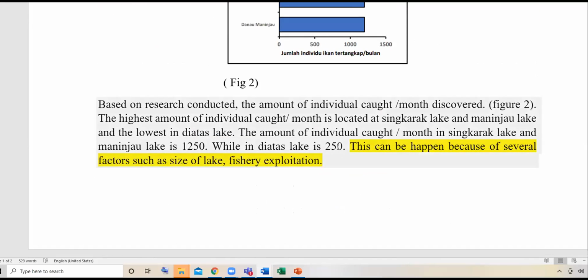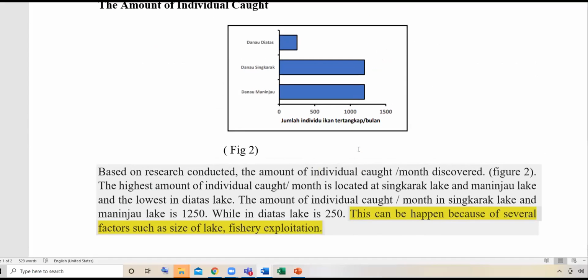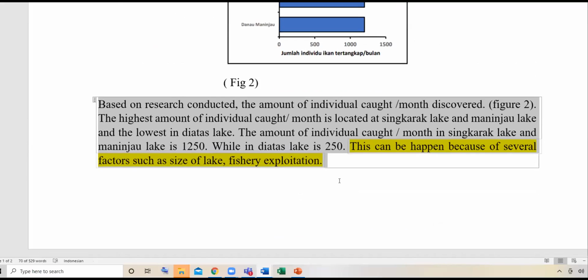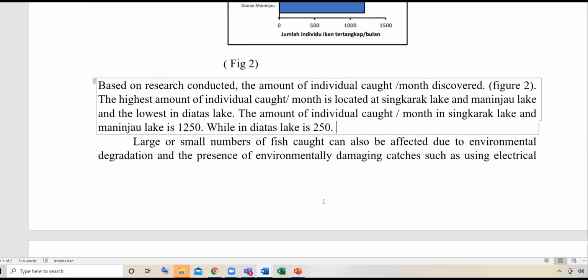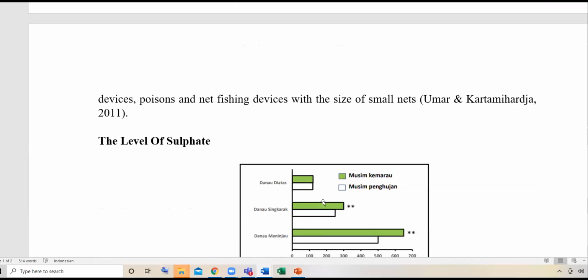So here it is. There is no further explanation until this one. Again, this can happen because of several factors such as the size of the lake and visual explanations, exploitation. So this is the interpretation of the data, and you have to put it in the next part.